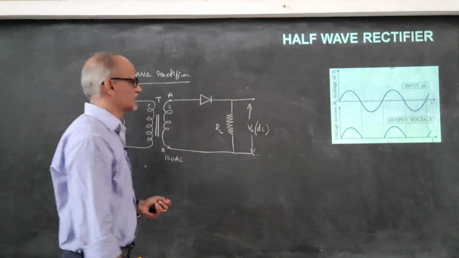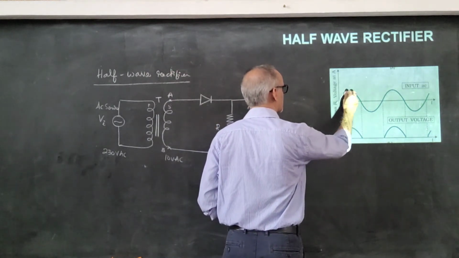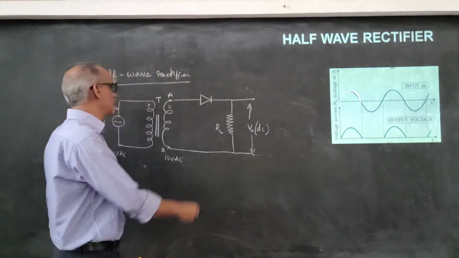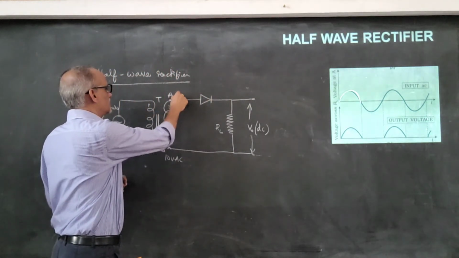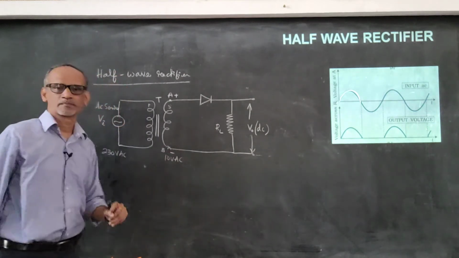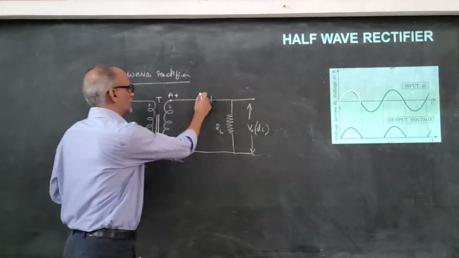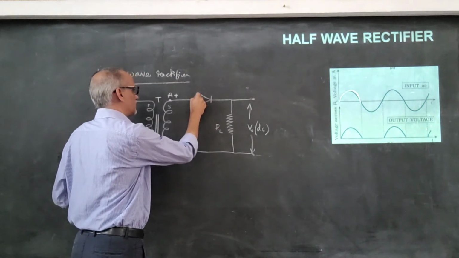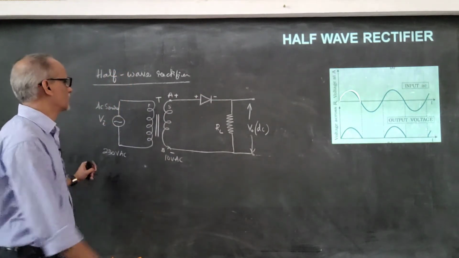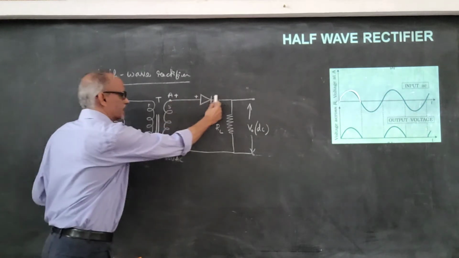Now let us consider one half of the AC. For one half of the AC I am going to assume that end A is positive and end B is negative. In the diode we have the positive end of the diode and the negative end of the diode. Now if you look at the circuit, the positive end of the diode is connected to the positive terminal, negative to the negative.